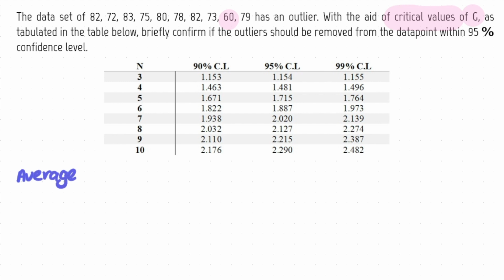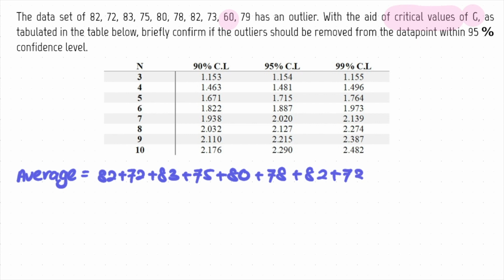In order to calculate the average, you need to find the summation of all these values. So we are just going to add these numbers: 82 plus 72 plus 83 plus 75, and then 80, 78, 82, 73, and our outlier 60, and lastly 79.